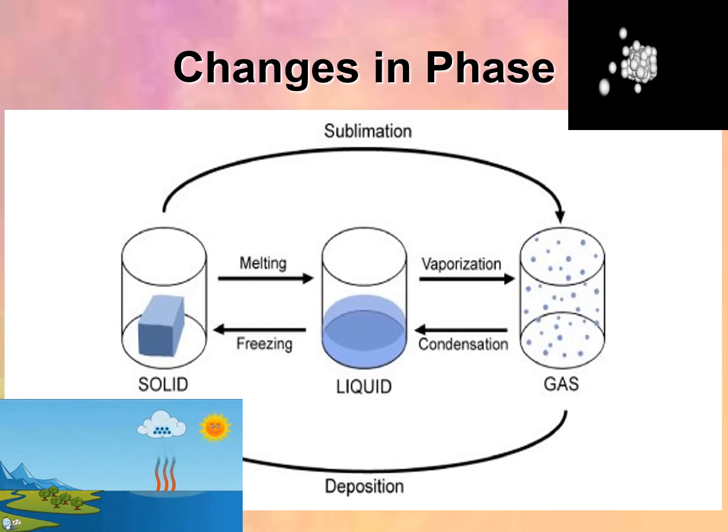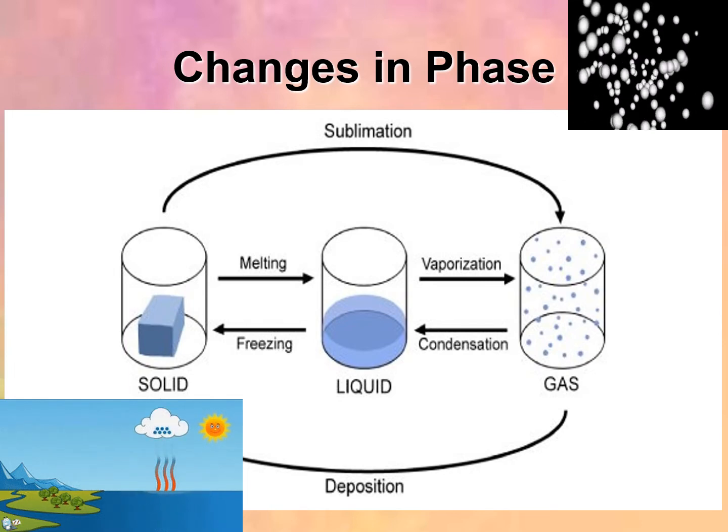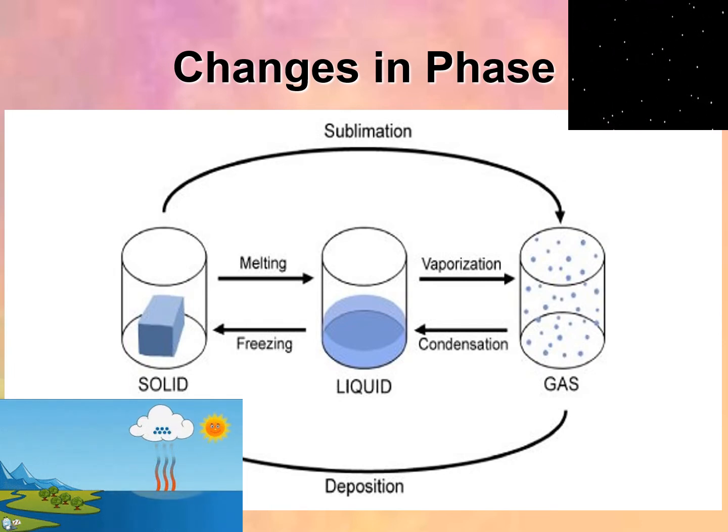And when the liquid phase turns into a gaseous phase, that is evaporation or vaporization. And when the gaseous phase turns into a liquid phase, that is condensation. And when the liquid phase becomes a solid, that is freezing or solidification.